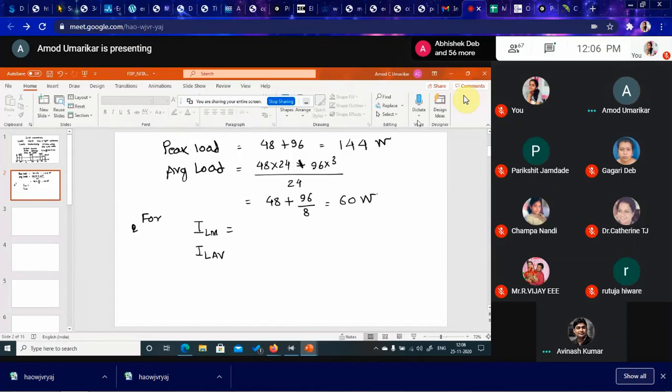So from this we can find out, let's say there is a 24 volt battery, VB 24 volt battery. What will be the peak current? Six amperes, sir. 6 ampere, and the average current will be 2.5 amperes, correct?